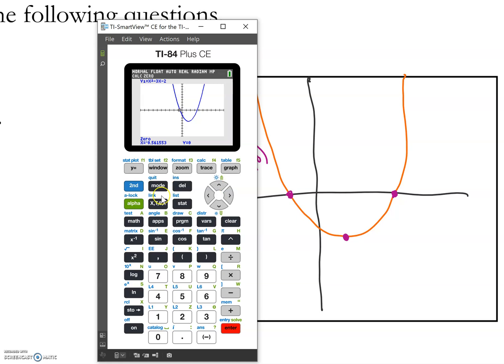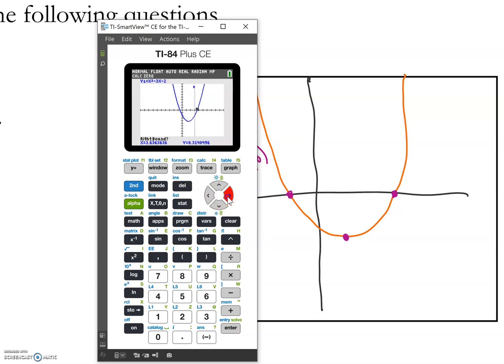the same kind of steps. Remember, we hit second and then trace. Number 2 says the word zero. I take my little blinky dot and I move it to the x-intercept that I want. Whoops, too far. And I see the question left bound. So that means take your little blinky dot and move it just a little to the left of that x-intercept. Hit enter. Now I see the question right bound.